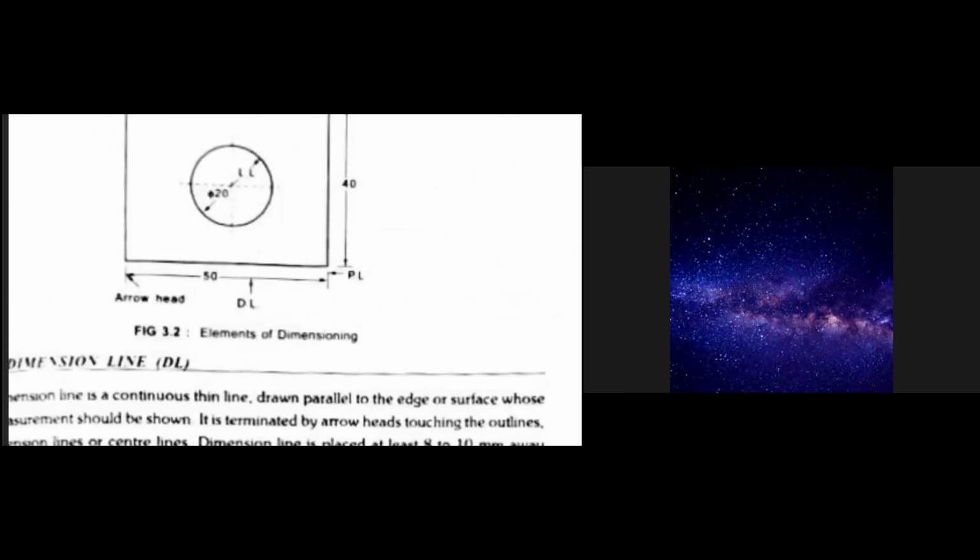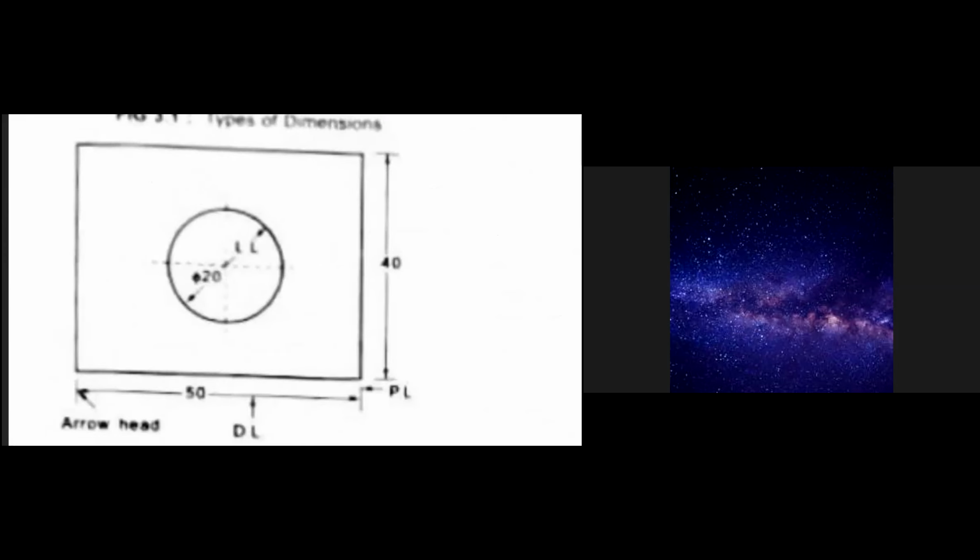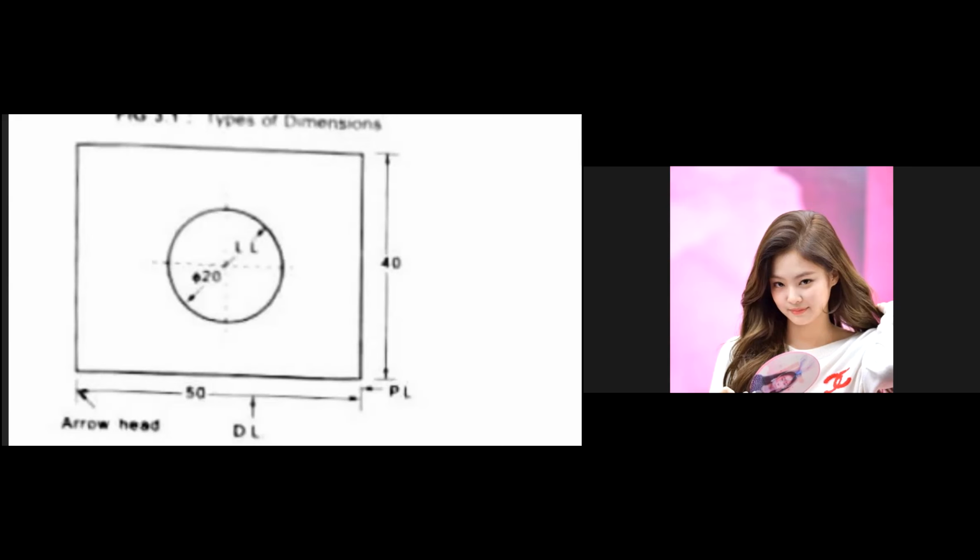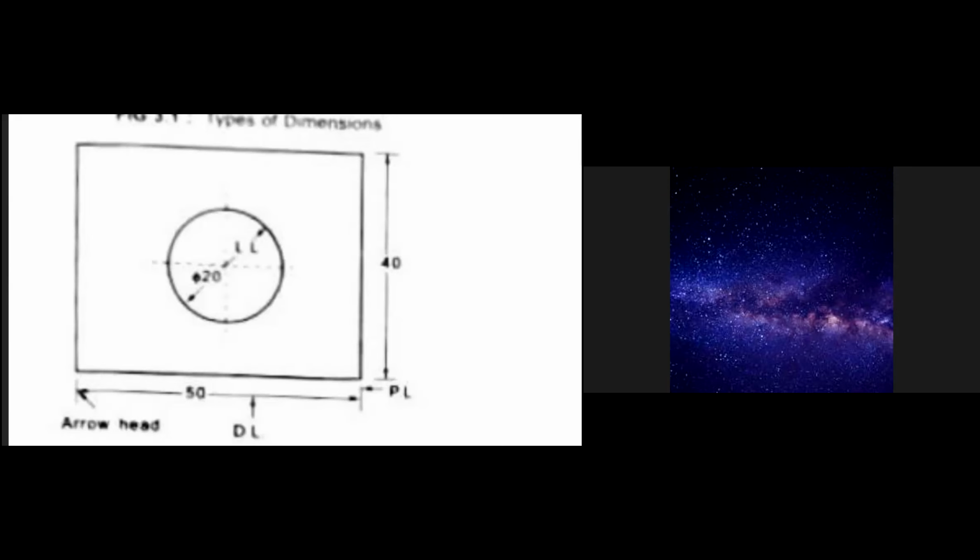And the next element is the leader line. We can use the leader line for expressing the dimensions of small components, that is, if an object consists of small elements like a small circle, small ellipse, or small square holes.